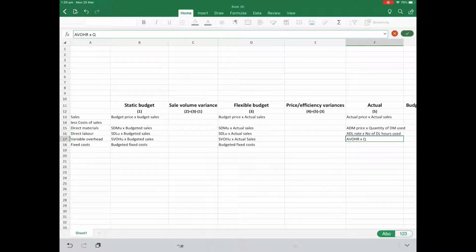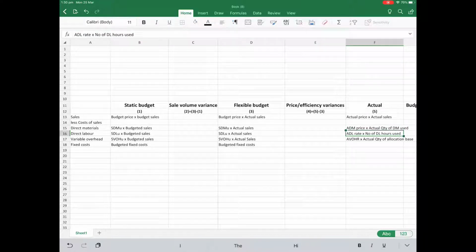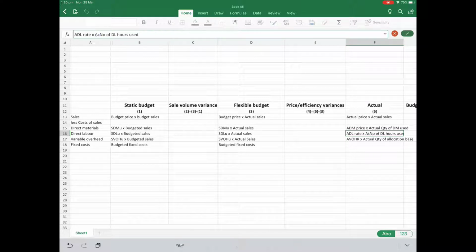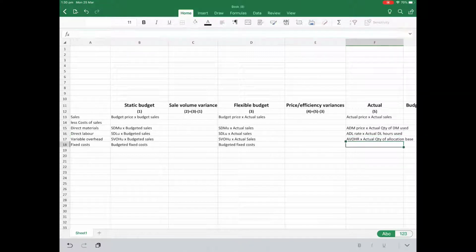And times the actual quantity of allocation base. So for instance, if the allocation base is direct labor, then that is the number of actual direct labor hours. I just put it actual here, and don't forget it is actual direct labor used. Okay, good. And then for the fixed cost, that is the actual fixed cost.